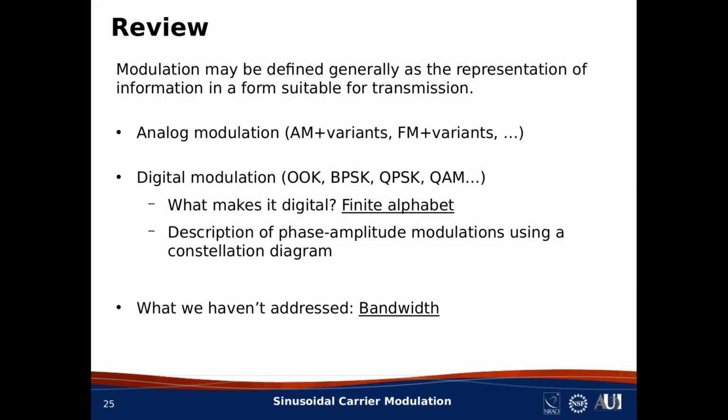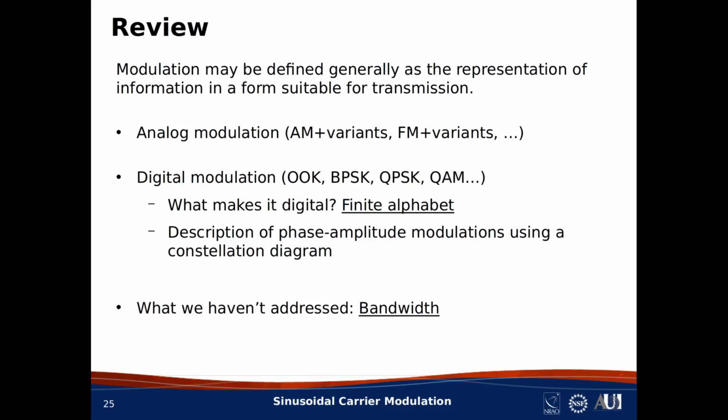Okay, let's take stock of what we've learned. First, modulation can be defined generally as the representation of information in a form suitable for transmission. Sinusoidal carrier modulation is a very broad category within the universe of all possible modulations. We talked about analog sinusoidal carrier modulations, including AM and variants thereof, and FM.